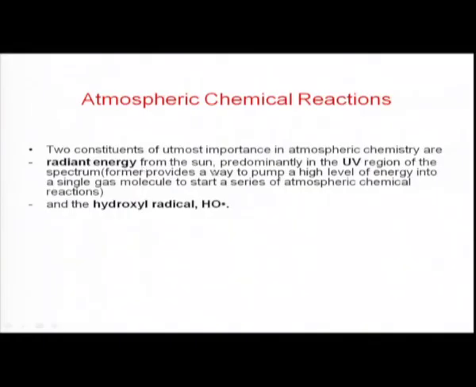One is the radiant energy that comes from the sun, predominantly the UV region, that is very, very important, because the radiant energy is very important to pump a very high level of energy into a single gas molecule to start a series of atmospheric chemical reactions.